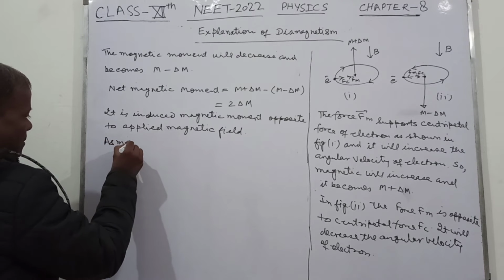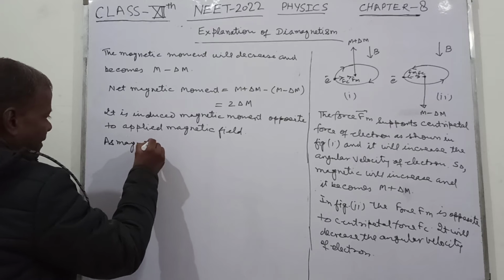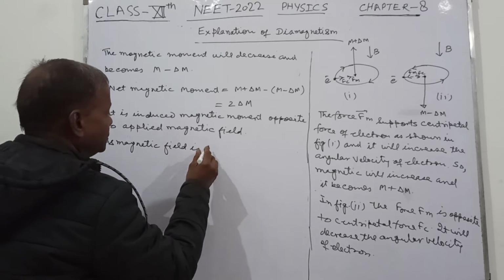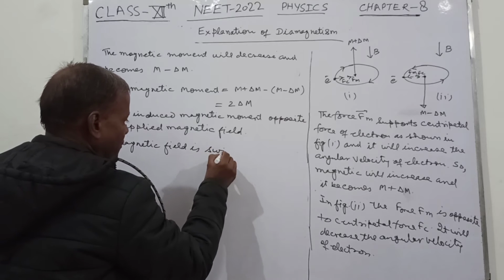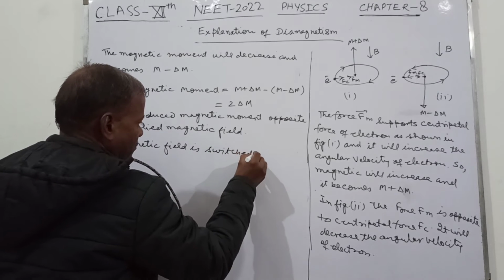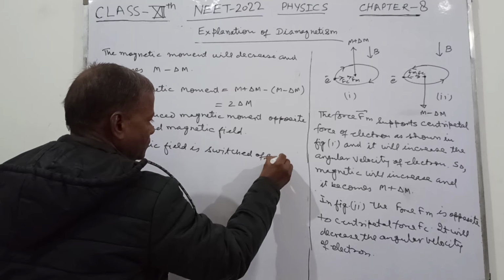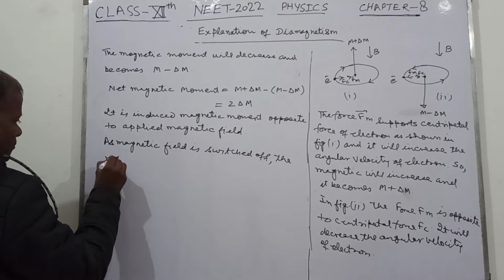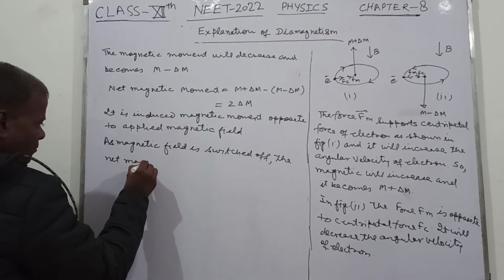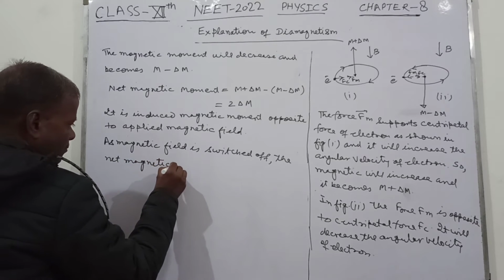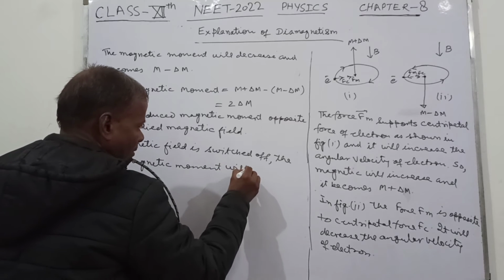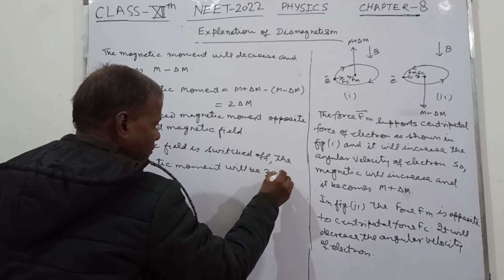As the magnetic field is switched off, the net magnetic moment will be 0.